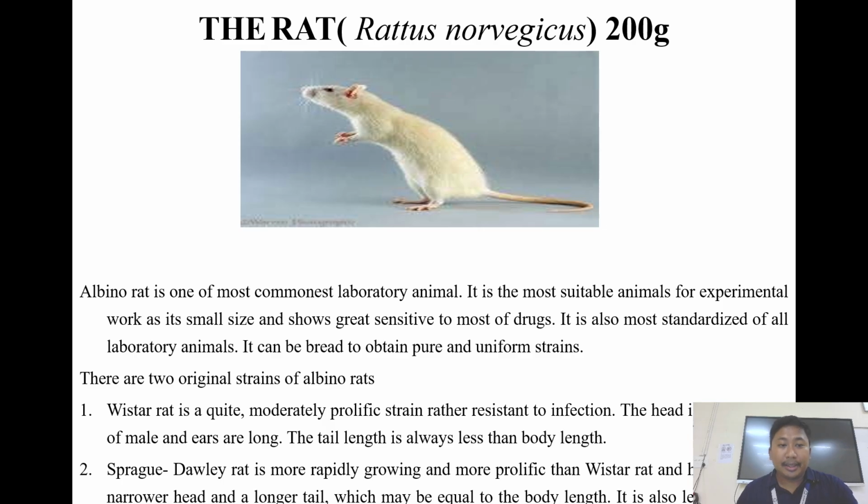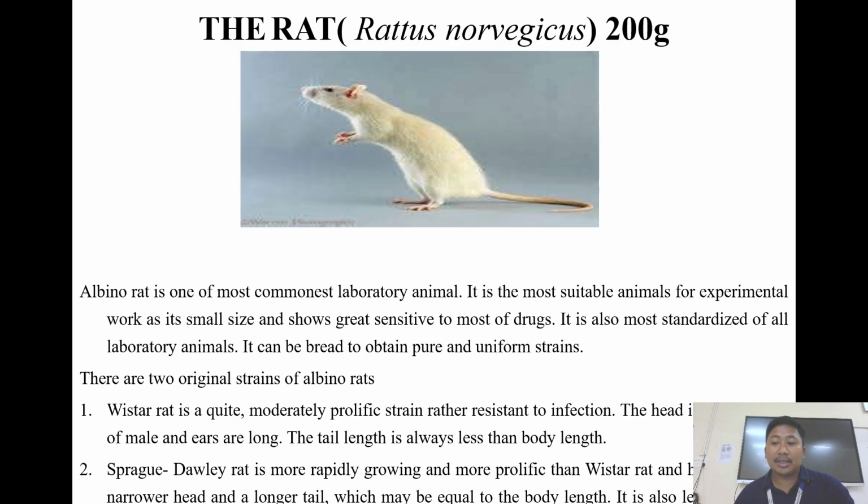Due to the color of the rat, we call it the albino rat. Albino means the color of the coat, and it is the most common laboratory animal and the most suitable animal for experiments due to its small size, and it shows great sensitivity towards most of the drugs.